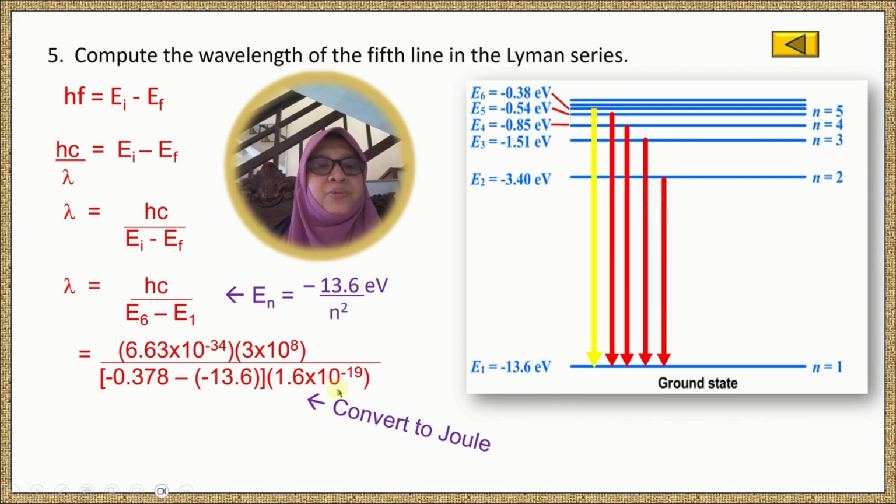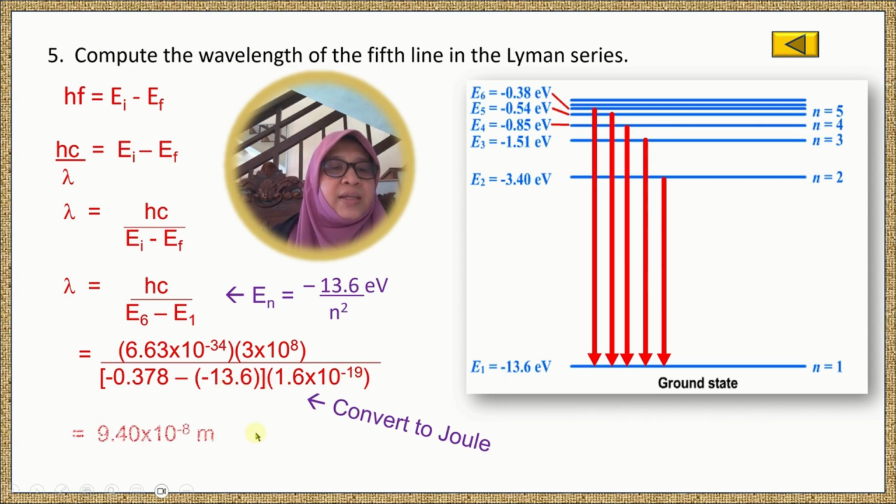Electron volt is converted to joule by multiplying by 1.6 times 10 to the power of negative 19. And the answer is 9.40 times 10 to the power of negative 8 meter. That's the wavelength of the fifth line in the Lyman series.